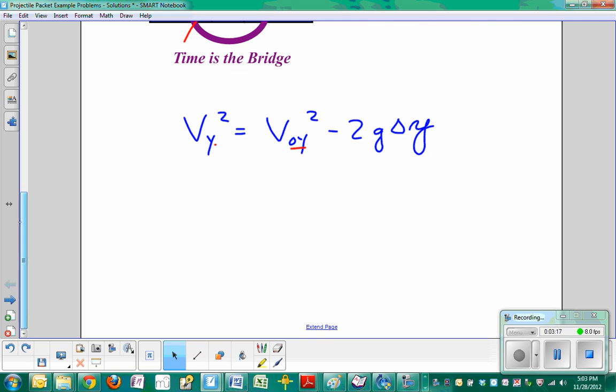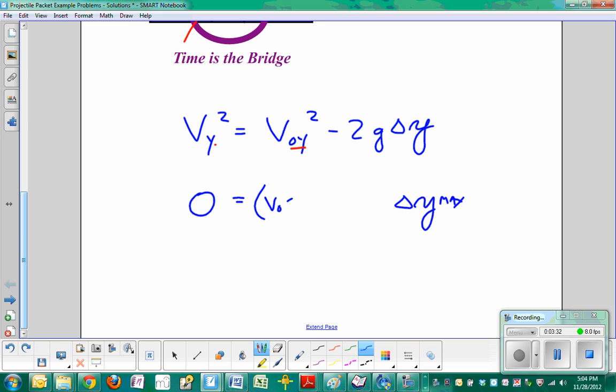Now we have our special case where Vy we know is 0 when we are at delta y max. So now we still have V naught y, but V naught y is V naught sine theta. We're going to square that, minus 2g delta y.